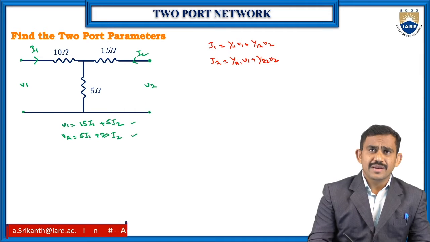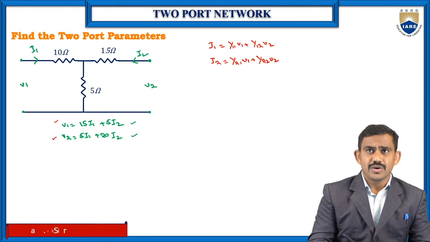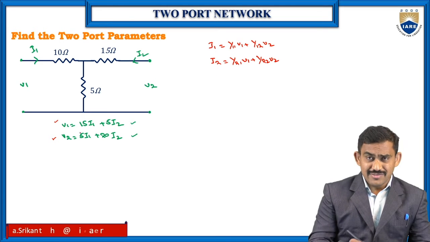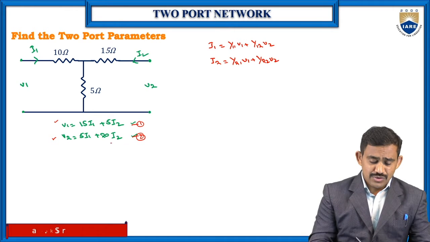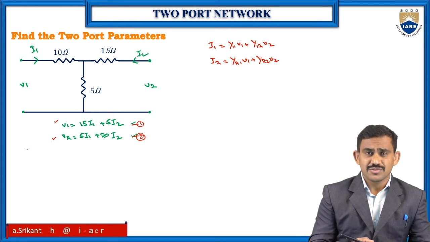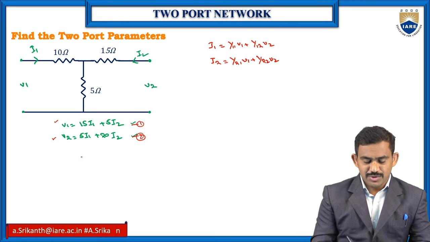Now I want to compare both equations. This one is in V1, V2 form, but here we have I1, I2. So just convert V1, V2 into I1, I2 and we'll get the Y parameters. It's very simple, guys. Just observe here.